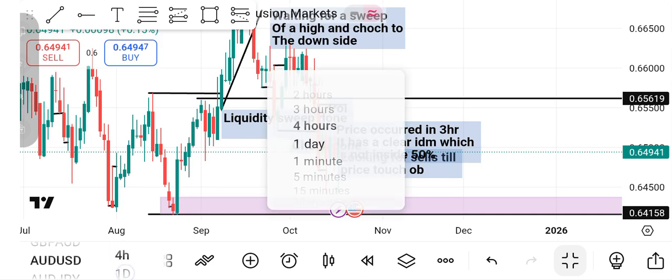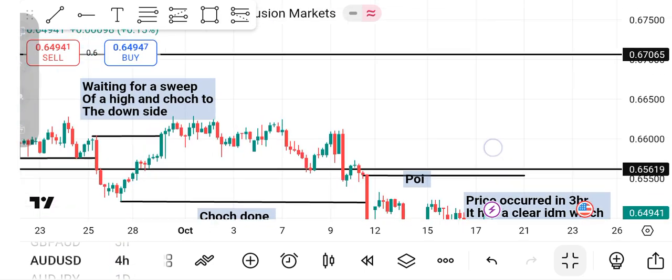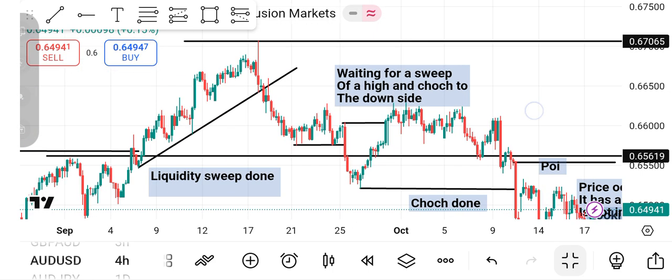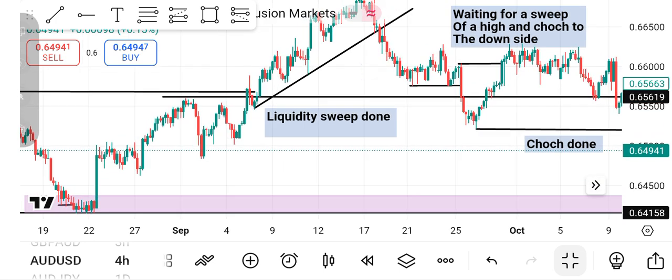So now, what I usually do is, once I determine the trend of the markets, I will wait for price to form any type of liquidity. If price is bullish, I will wait for price to form any type of liquidity in the premium zone, then clear it.